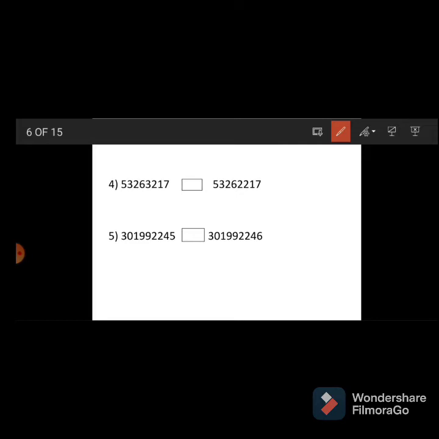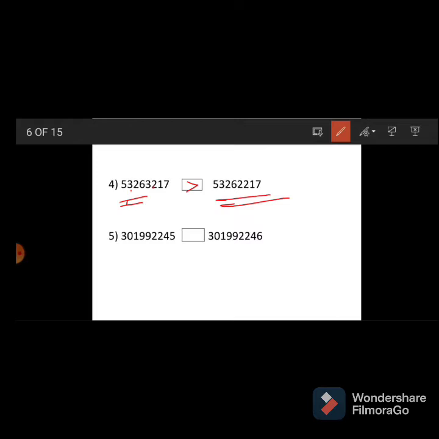Which number is greater? This number is greater, that is 5 crore 32 lakh 63,217 is greater than 5 crore 32 lakh 62,217. Then see the next example.